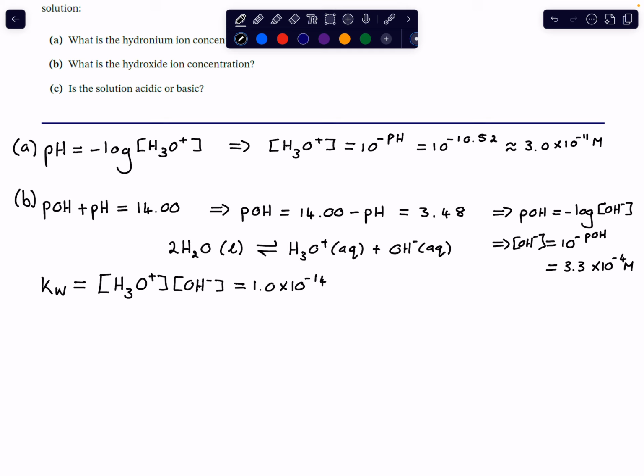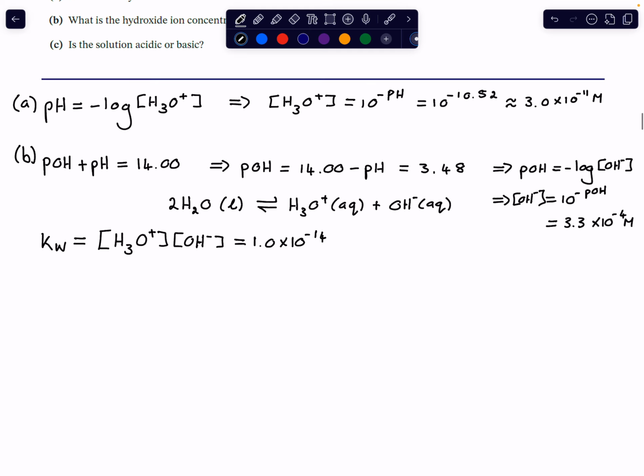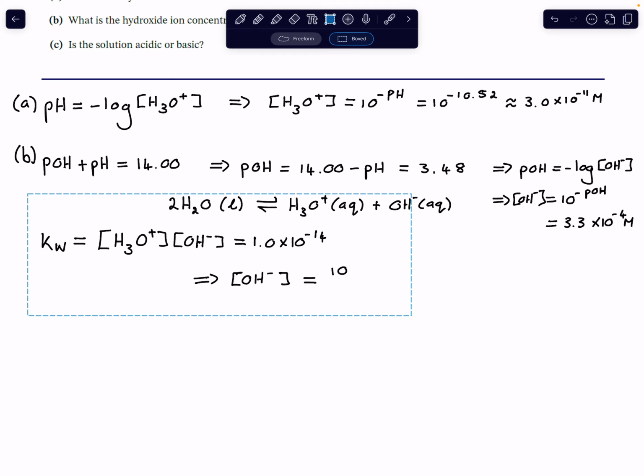So, because we calculated the hydronium concentration in the first instance, if you kept all your numbers, you can plug it in here. So, we can then say OH minus is equal to, let me just remind you. So, let's do this in a different color.